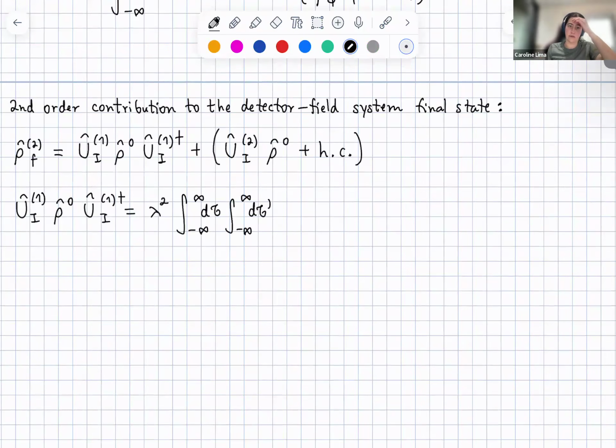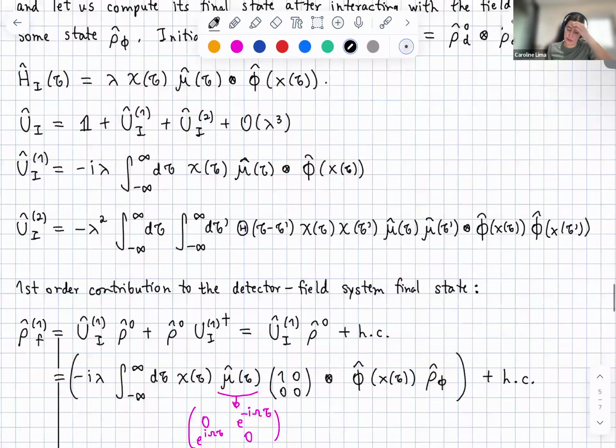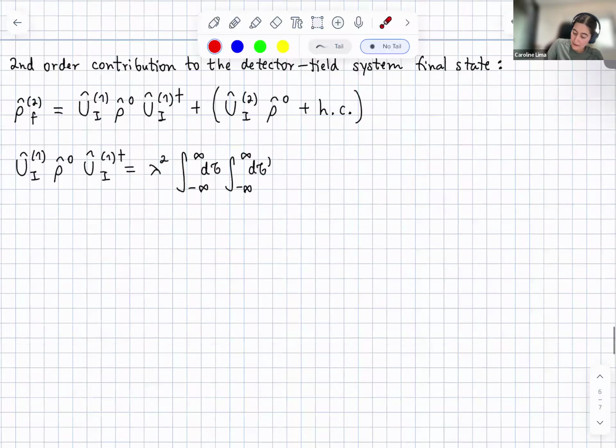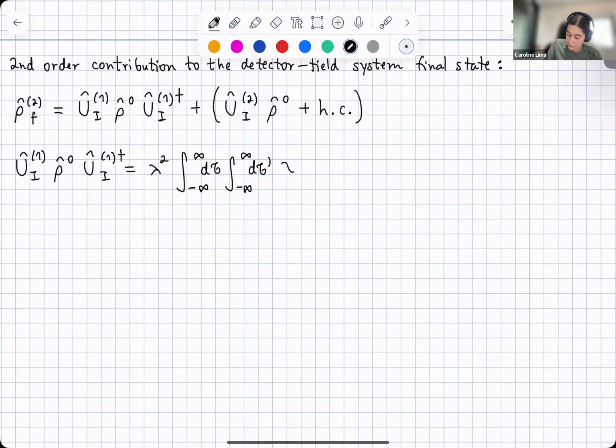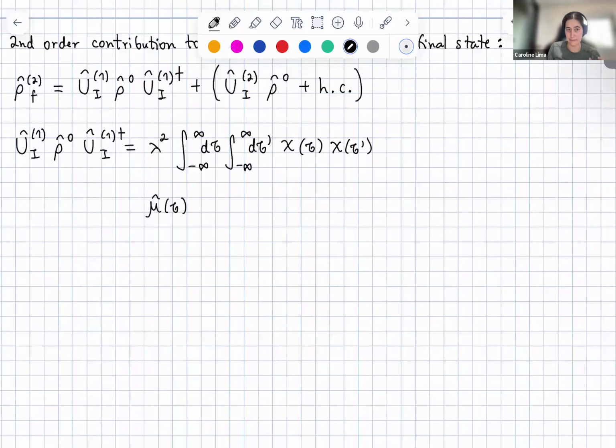And recall that, since here we are just acting with U1 on both sides, I don't have any Heaviside step function. So I will write the switching functions for both of them. Now I have this monopole moment of tau that comes from the left operator, and then it's going to act on my initial state, and then I'll have another one on tau prime acting from the right.